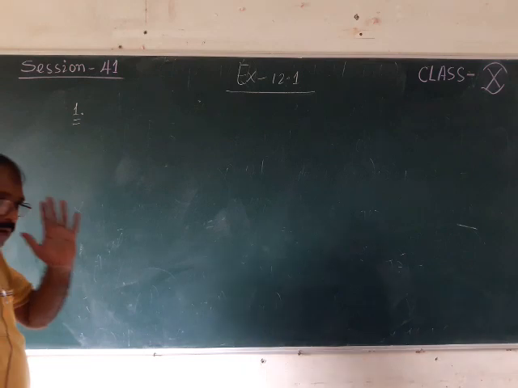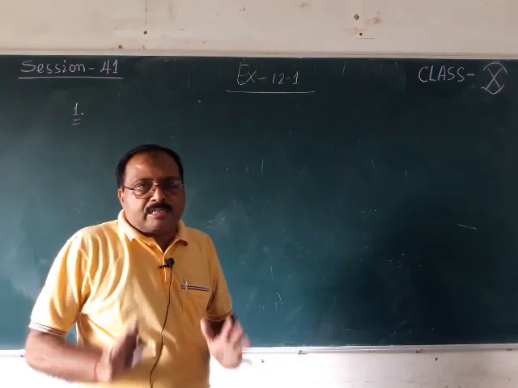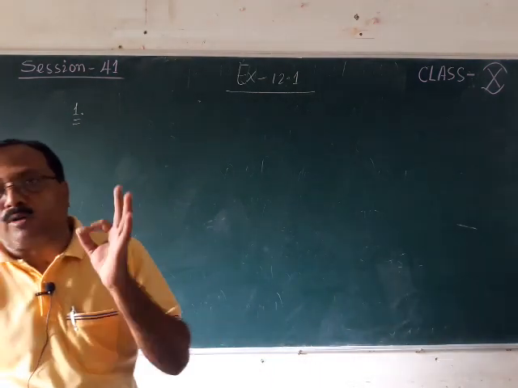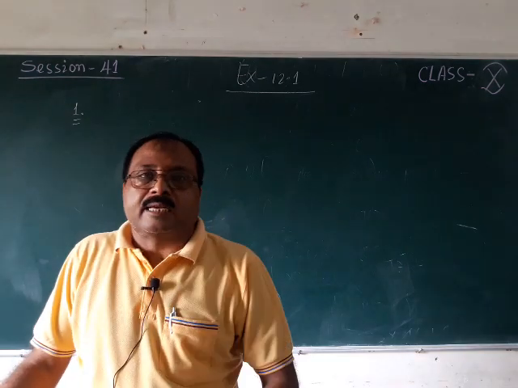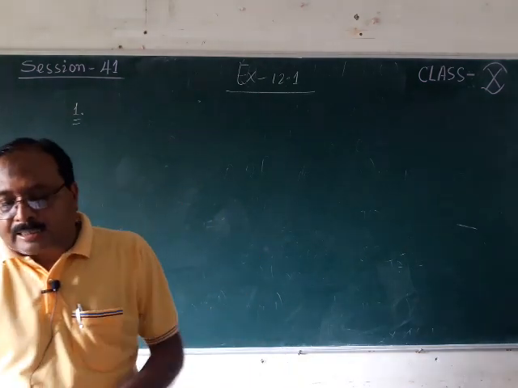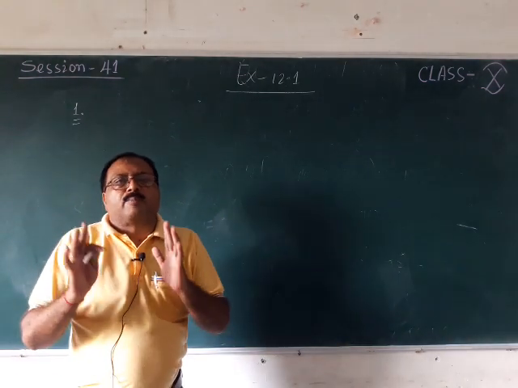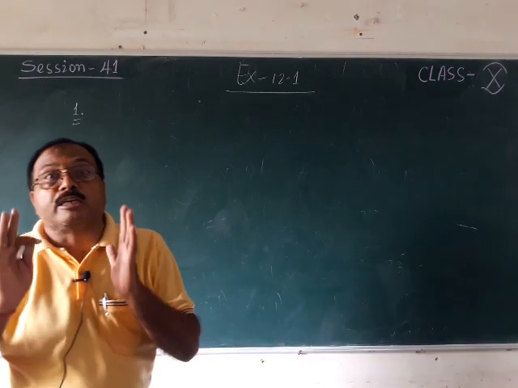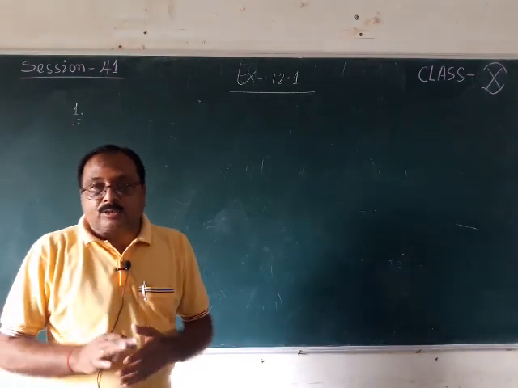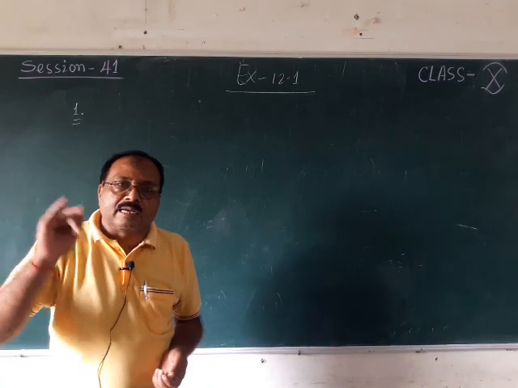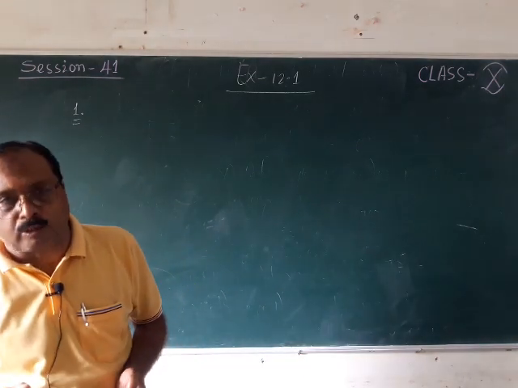Very good. If this question is given as an MCQ, I can directly give the answer. What answer will it be? Just add 19 plus 9, then your answer should be 28 centimeter. Such questions can be answered directly in case of MCQ questions.